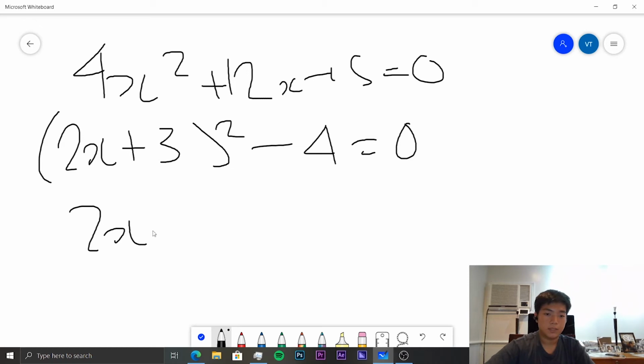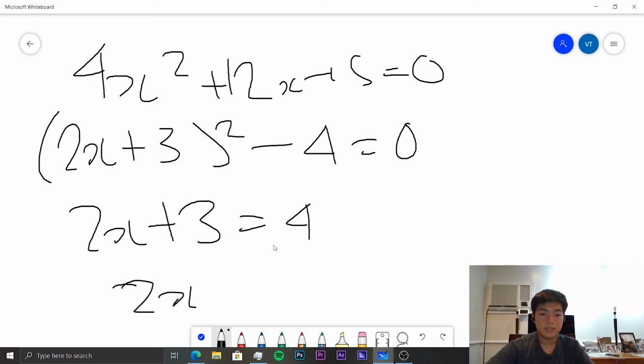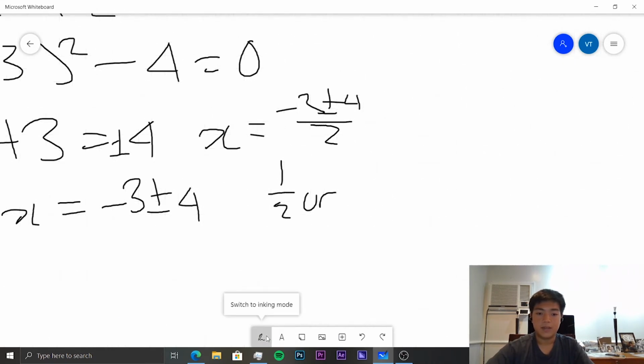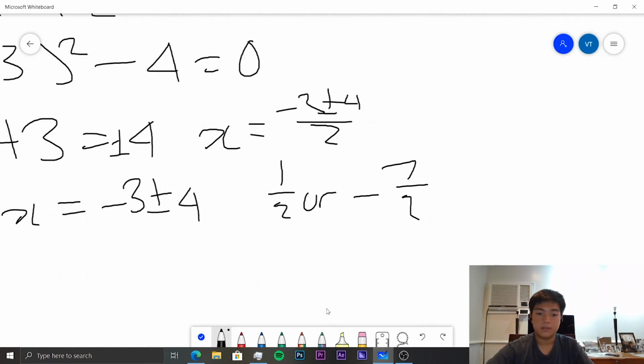So 2x plus 3 is equal to plus or minus 2, actually. And 2x is equal to negative 3 plus or minus 2. And so x is equal to 1/2 or negative 5/2. So that was pretty easy.